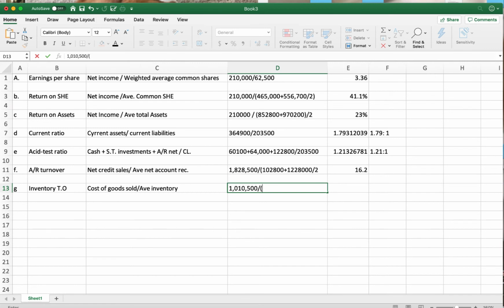We're going to divide that by the average inventory. Well, what's my average inventory? I got to go to the balance sheet for that, right? And if I look, my inventory for 2016 is $115,500, and for 2017 it's $118,000. So I'm going to add these up, divide by 2.